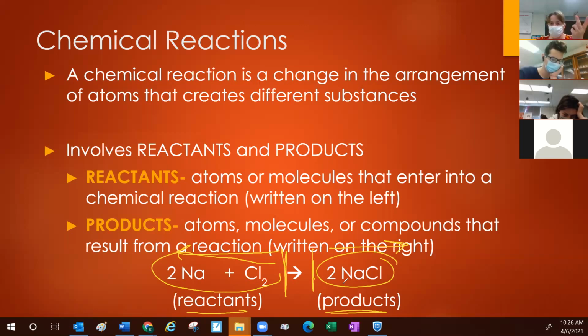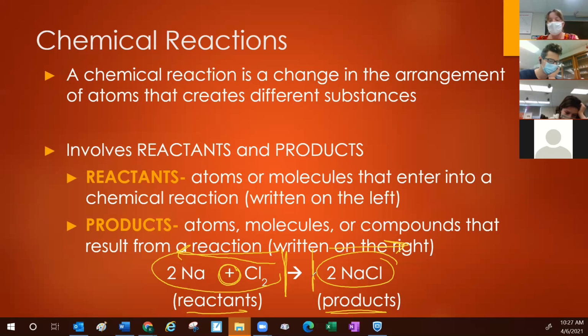You are taking 2 different reactants, vinegar and baking soda. You're mixing them up, you're combining them. That's what that plus sign represents. And then the arrow shows you that you are forming something new. And in the case of the baking soda and vinegar, it's actually forming a gas called carbonic acid.